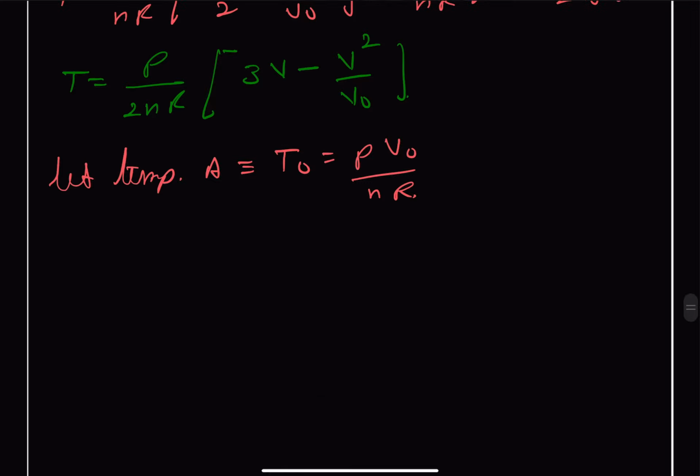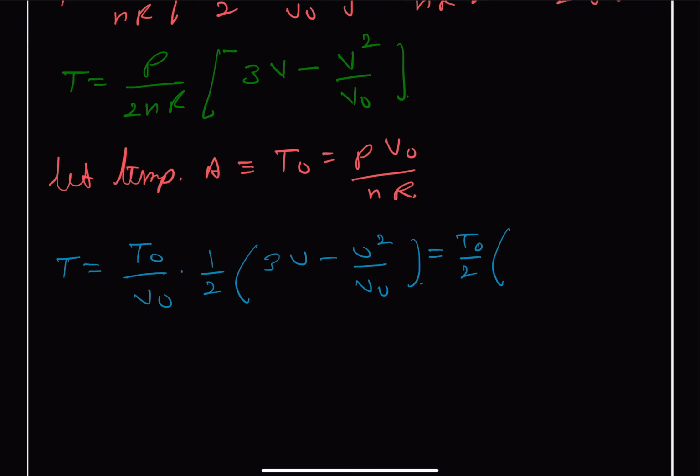Therefore, we get that T is equal to T naught upon V naught times 1 by 2 times 3V minus V square upon V naught, and we multiply V naught inside, we get T by T naught is equal to half of 3V upon V naught minus V upon V naught whole square.